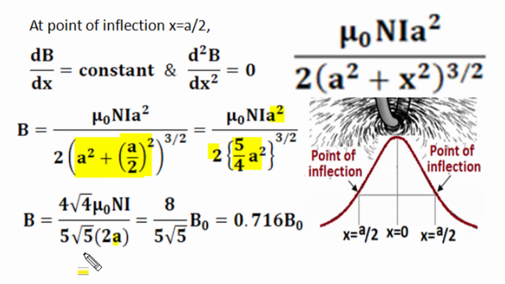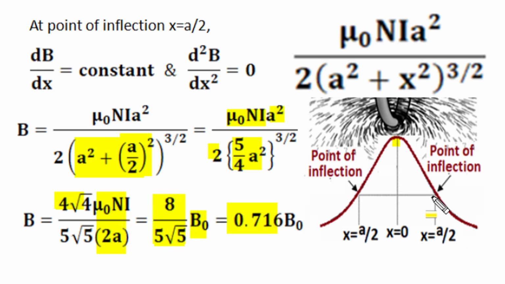With this 2 it is 2a, and the remaining mu 0 n I upon 2a is nothing but the magnetic field at the center of this coil, which is the maximum magnetic field produced by the current carrying coil at its center. The 4 in the denominator comes to the numerator with 3 by 2 power, 4 root 4, and root 4 is 2, so it becomes 8, and in the denominator we have 5 root 5. Now this 8 upon 5 root 5 can be simplified as 0.716.